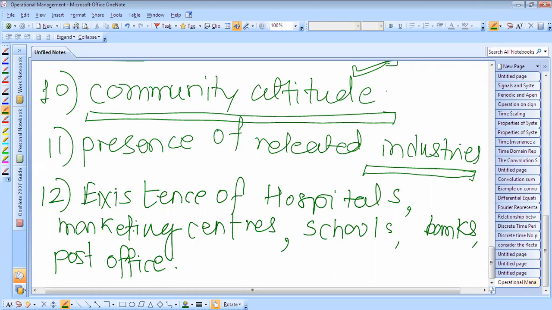They also require banks for financial transactions. Post office should be very near to the plant. So these are some factors required for the selection of the plant location.